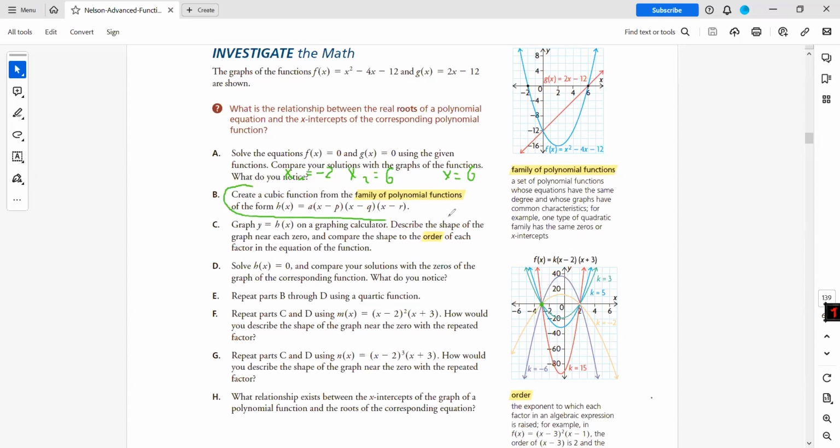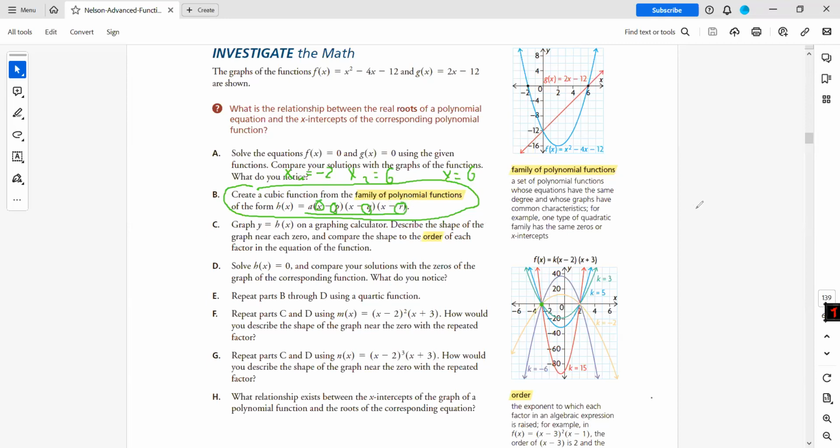In this example, B, you can see that we're creating a cubic function from the family of polynomial functions. Cubic because we have 3 terms that are multiplied by each other. In each term, we have one independent variable, x, and we have minus some constant value p, q, r.